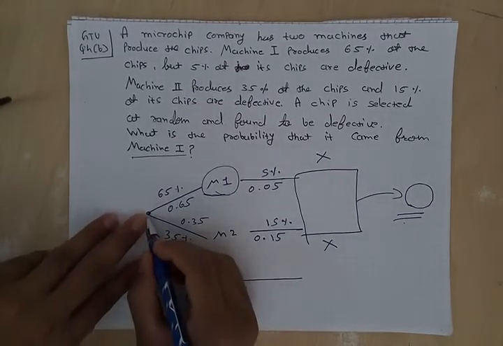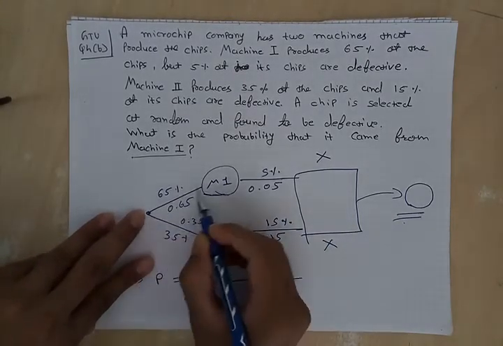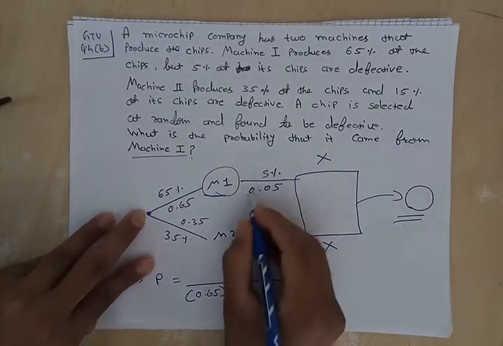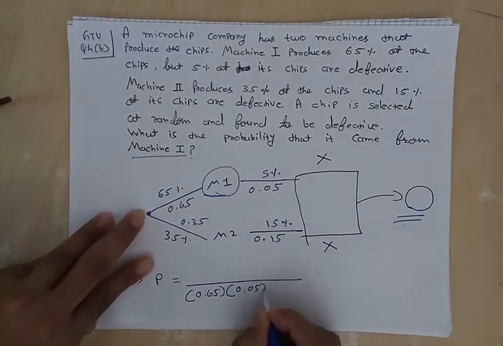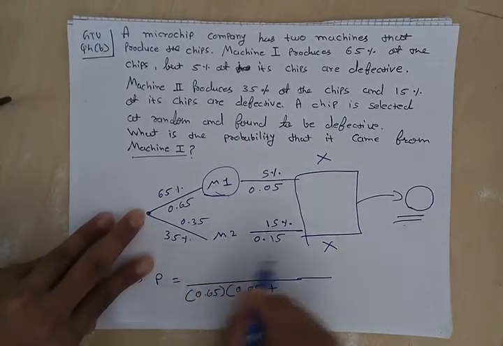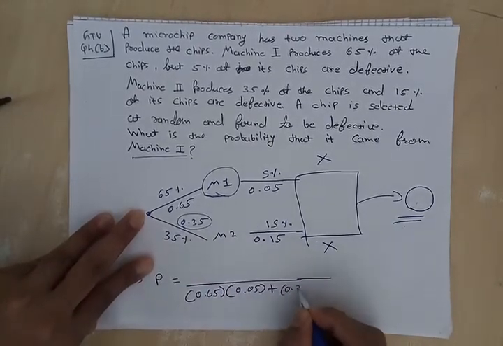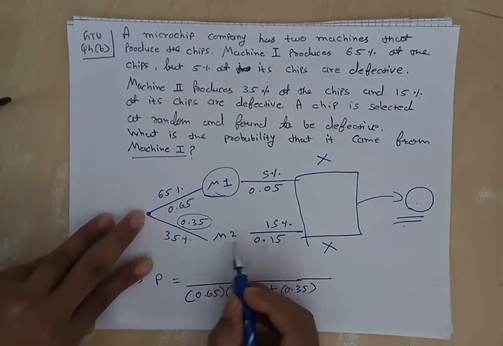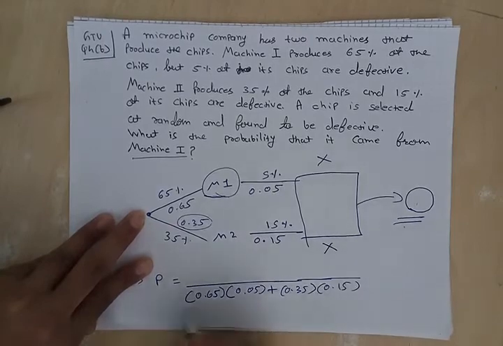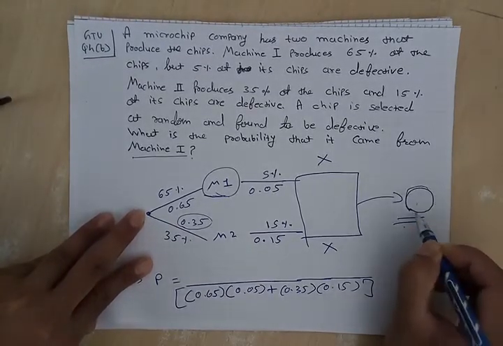So now we will multiply these probabilities. The probability that it is produced by machine 1 and is defective is 0.65 times 0.05, plus the probability that the picked chip is manufactured by machine 2 is 0.35, and it is defective, it is 0.15. So these are the total ways through which this chip is defective.